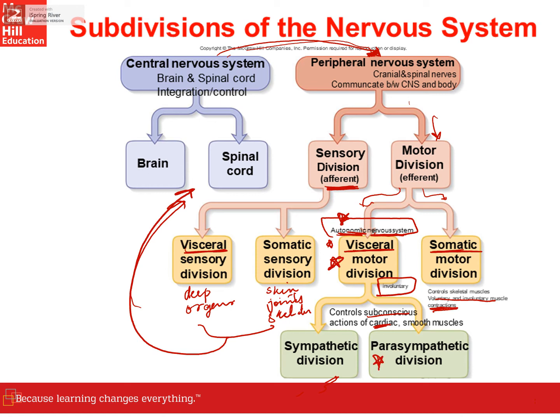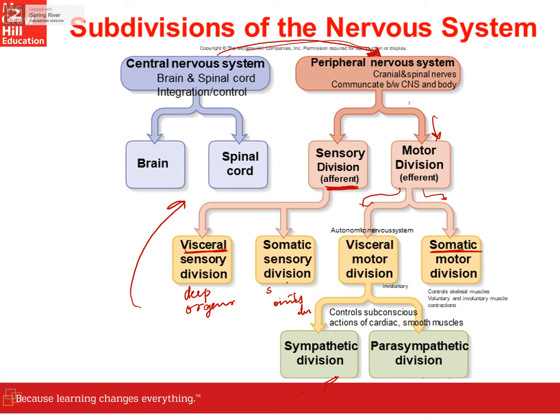In this chapter, you need to make sure you understand how the visceral motor division functions and what the differences are between the sympathetic and parasympathetic divisions. How do they differ? Let's take an example. Yesterday, my house is on a very busy corner, and the neighbor's house is on the other side of a busy road.